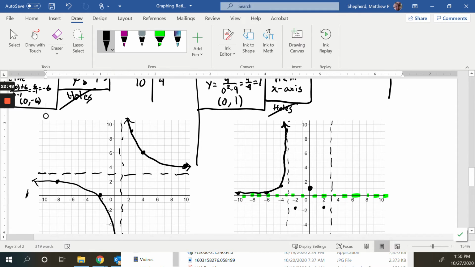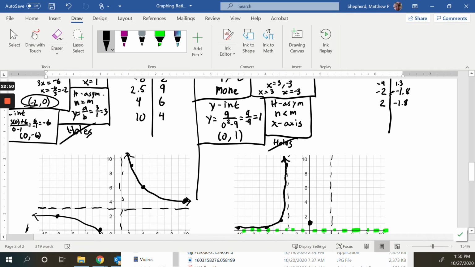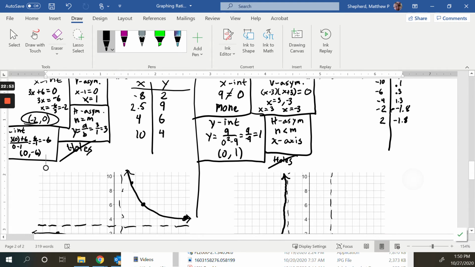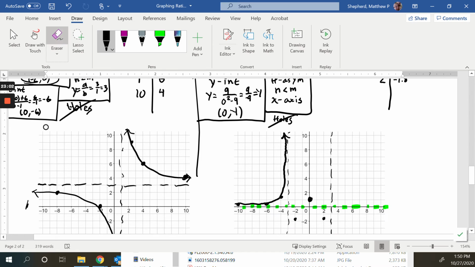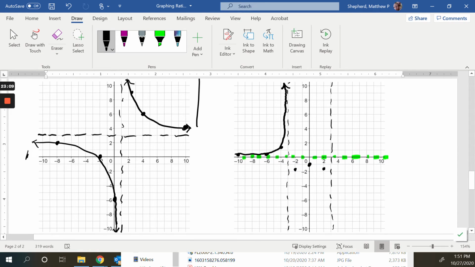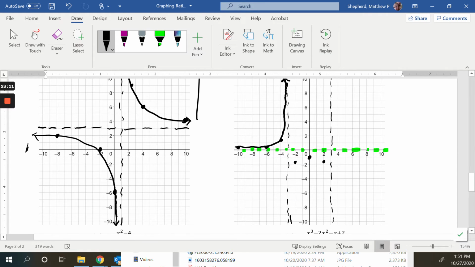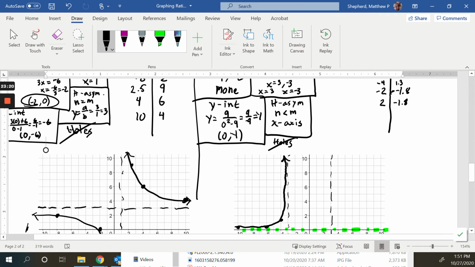And the fact that I crossed my horizontal makes me think my y-intercept, something went wrong there. And sure enough, 9 divided by -9 should have given me a -1. So we will go ahead and erase that. Okay, and so I now see that that's what that line is going to do.